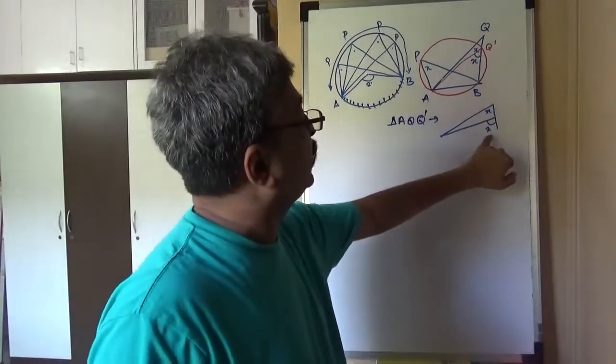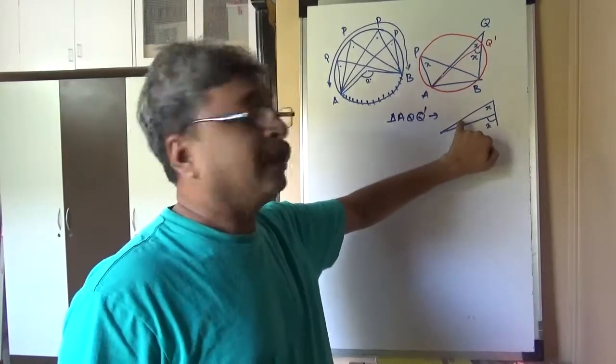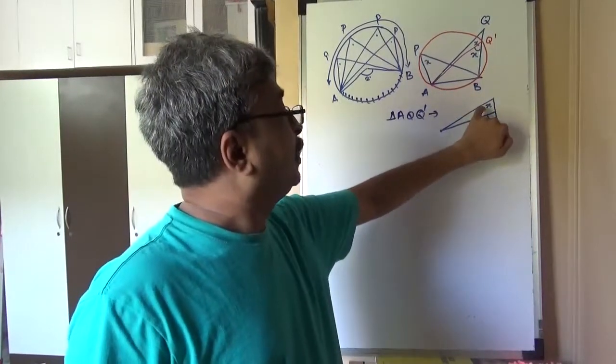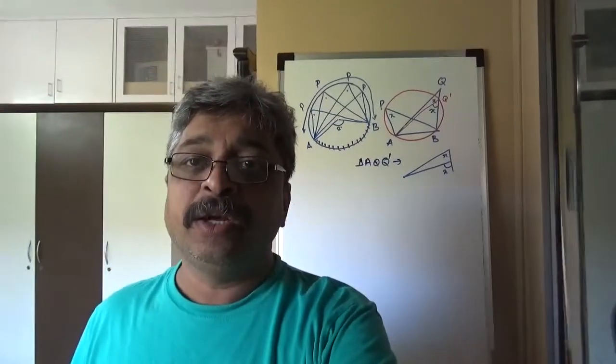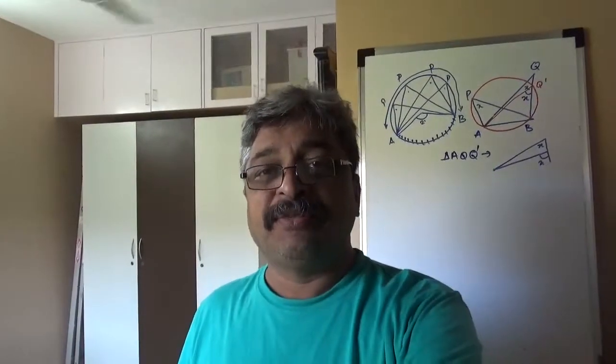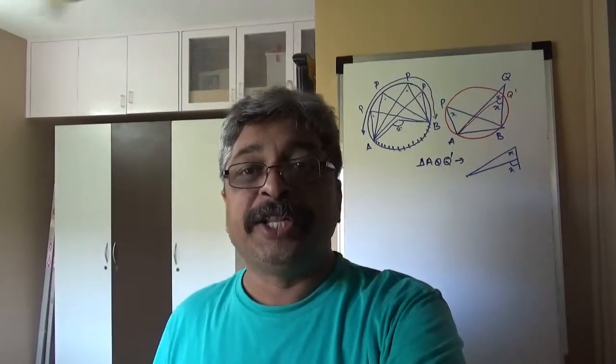So the measure of the exterior angle, this angle, must be greater than this angle or this angle. In fact, this measure will be this plus this. If a triangle exists, then there exists an exterior angle whose measure is definitely going to be greater than the individual interior angles. Okay.